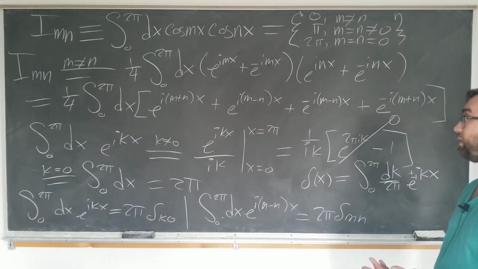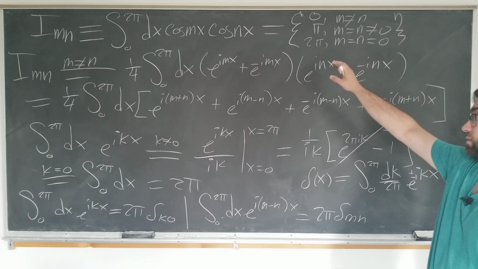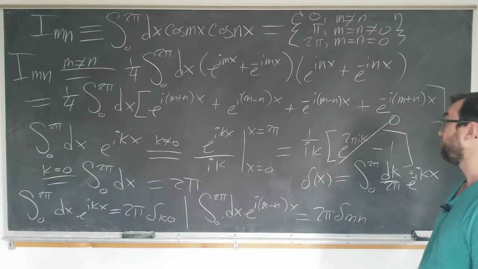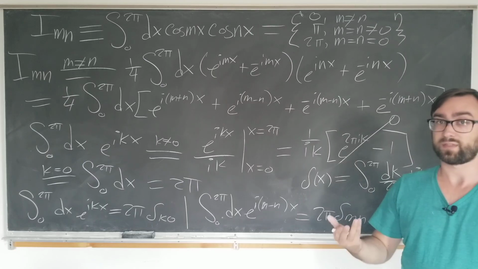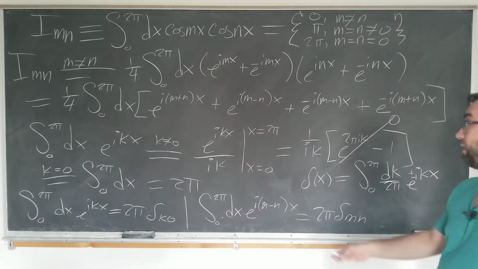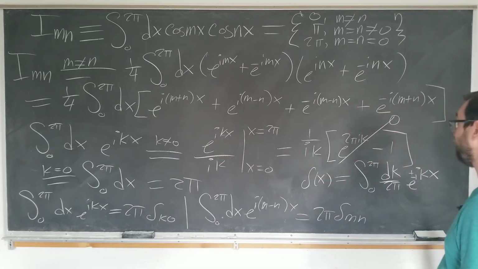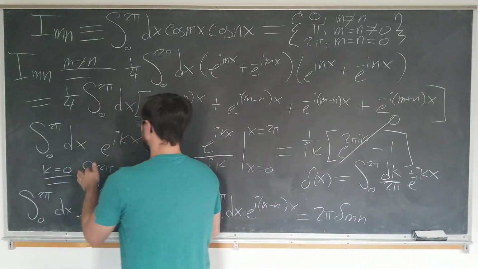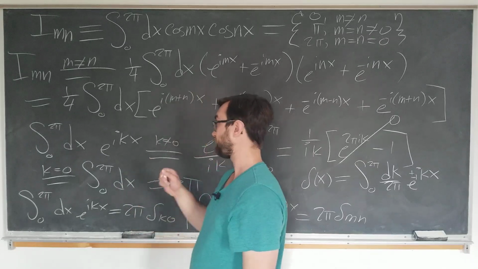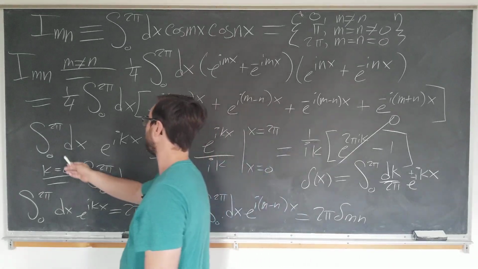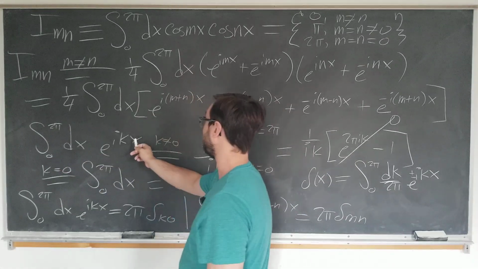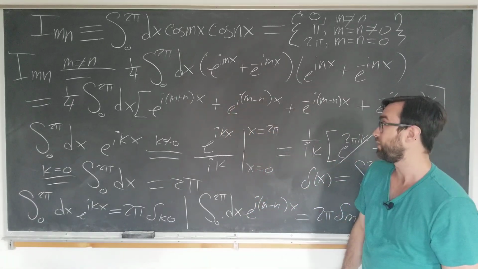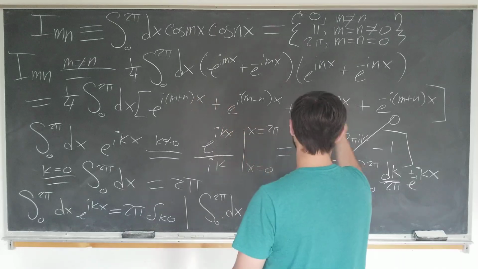I just wanted to indicate that this integral is closely related to both the Kronecker delta and the Dirac delta in the following senses. We only needed the k not equal to 0 result to proceed here. So the main takeaway from this mini derivation: anytime we're integrating over a full period of e to the ikx for any value of k, it's always going to be equal to 0 if k is not equal to 0, which it is in all 4 of these cases.